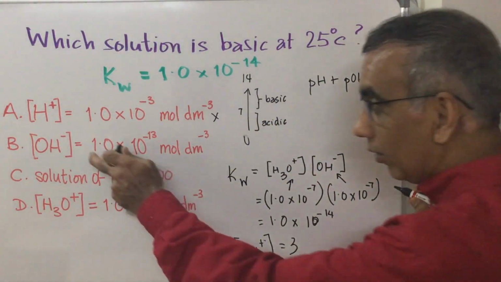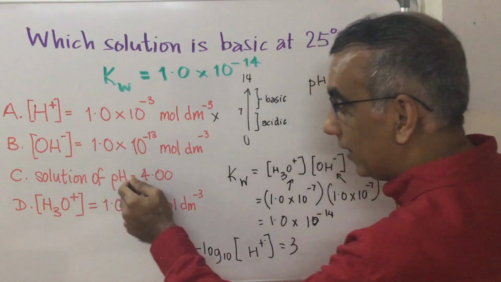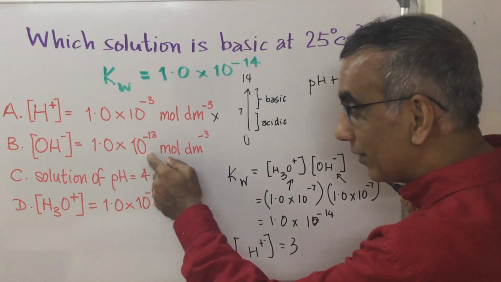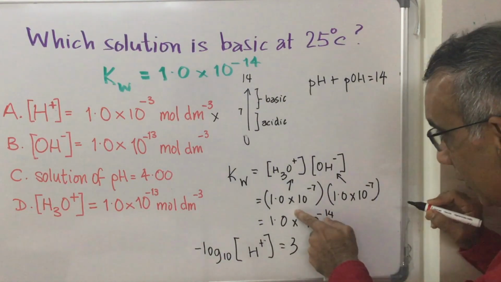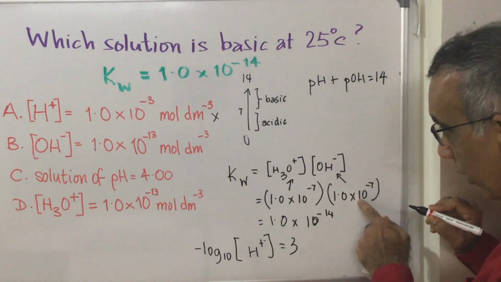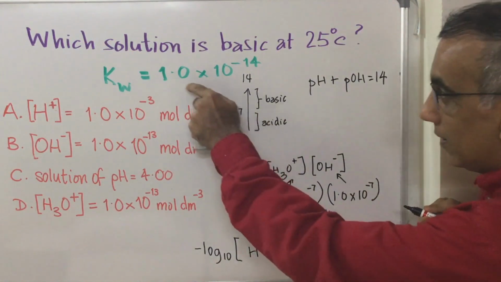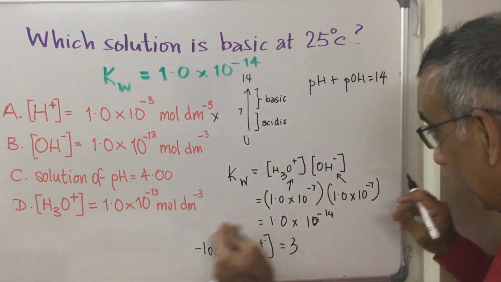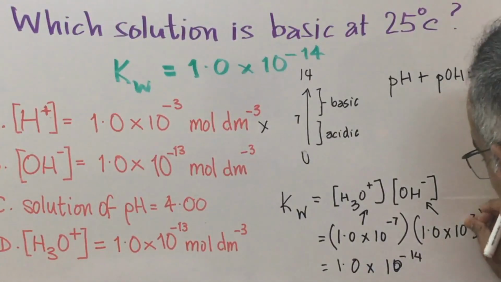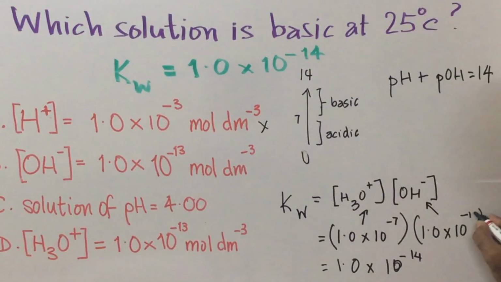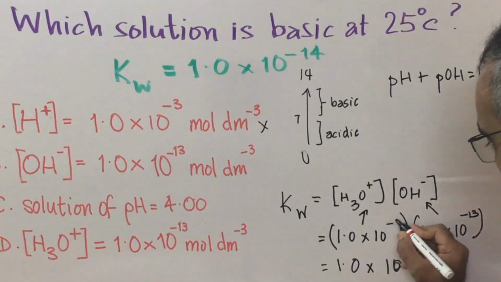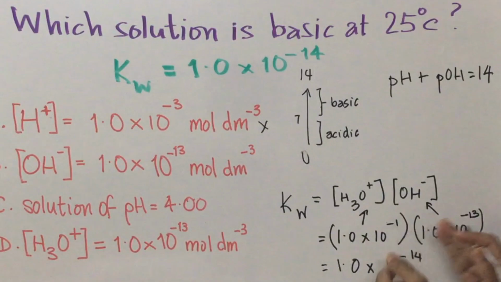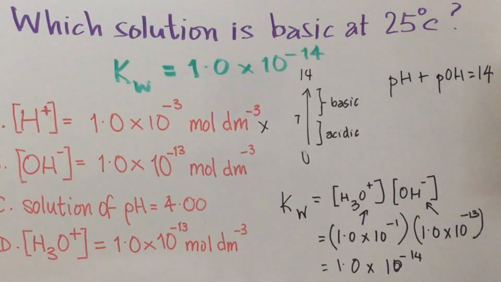Then, the OH minus concentration here is 1.0 by 10 to the negative 13. So based on this relationship, where this product always equals 10 to the negative 14, if the hydroxide ion is now negative 13, then mentally you should know that the hydronium would be negative 1, because the product always has to be 1.0 by 10 to the negative 14.